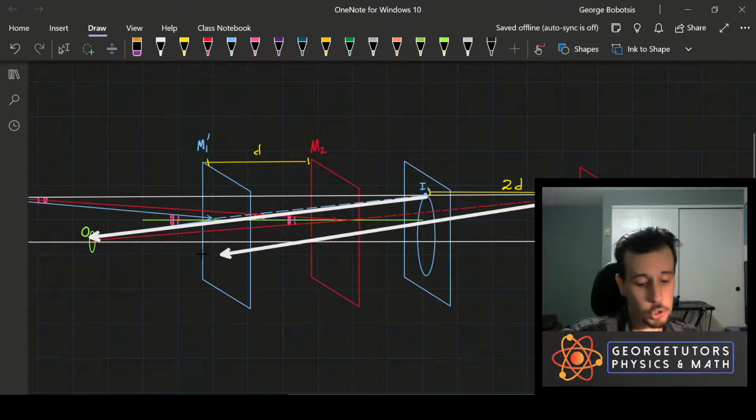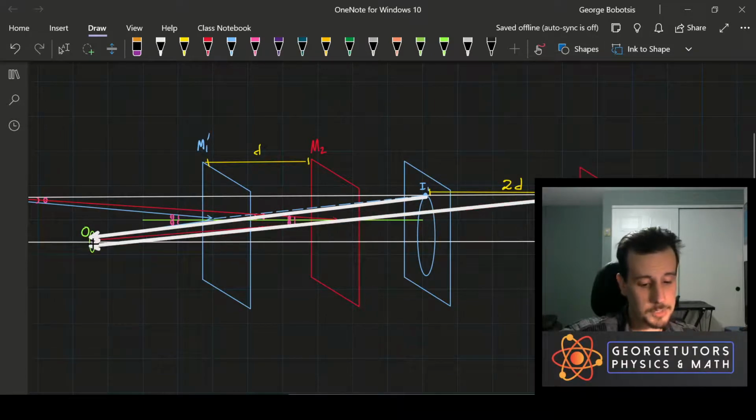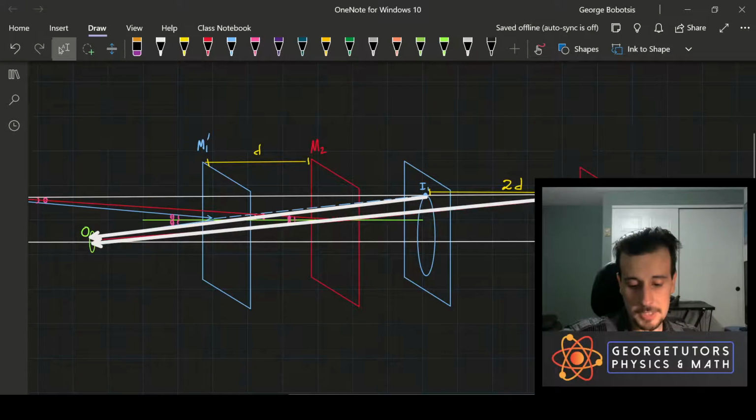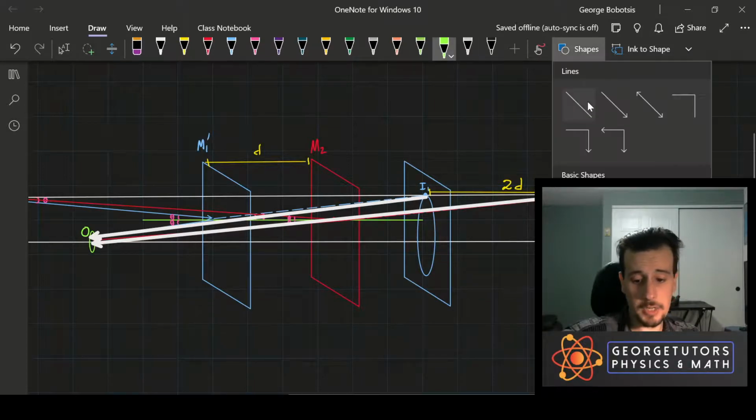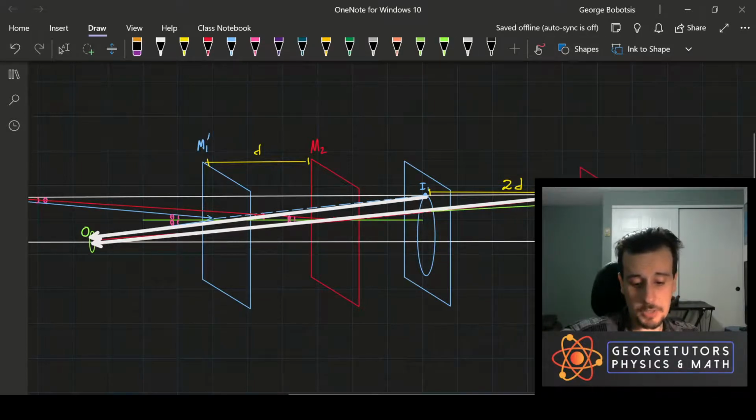And then from mirror 2, he sees this. You can see that the white lines are approximately parallel right now. And the only difference between them, the only path difference right now, is this green line that I'm trying to put in right now. This is the only path difference.